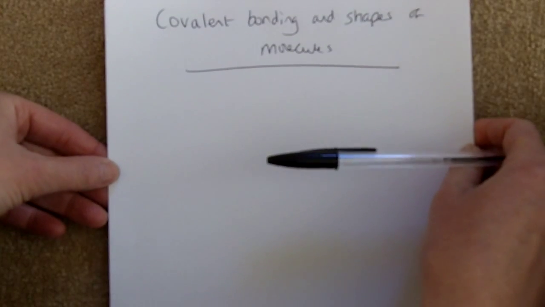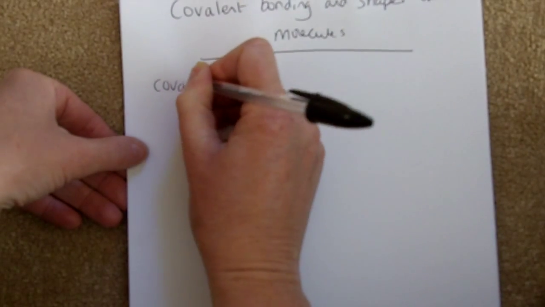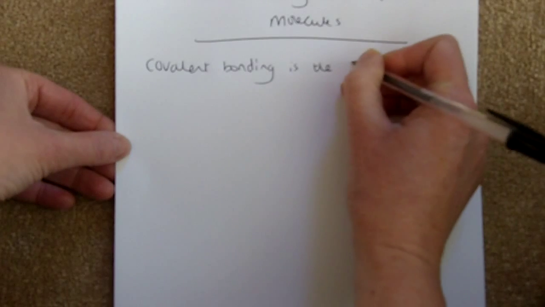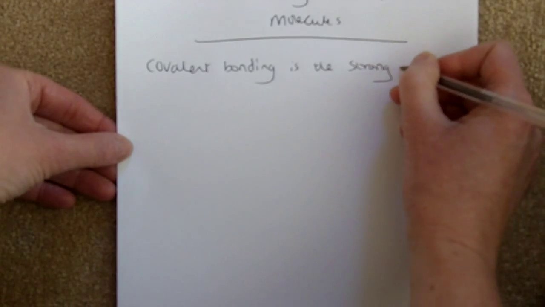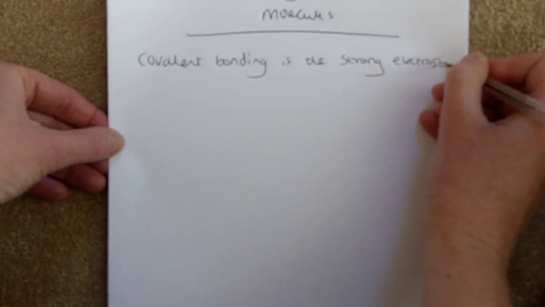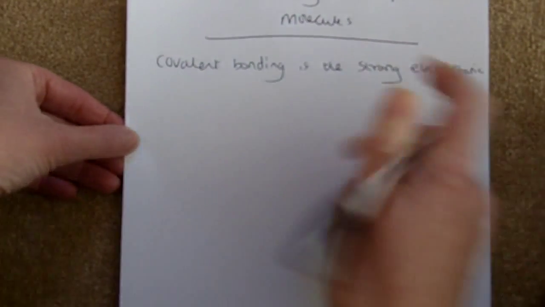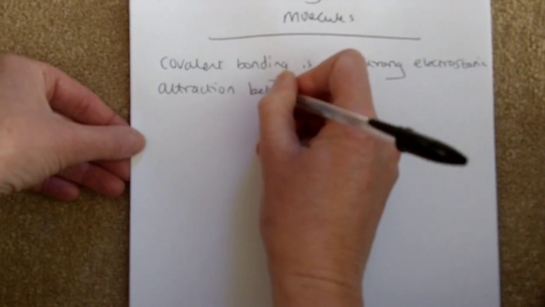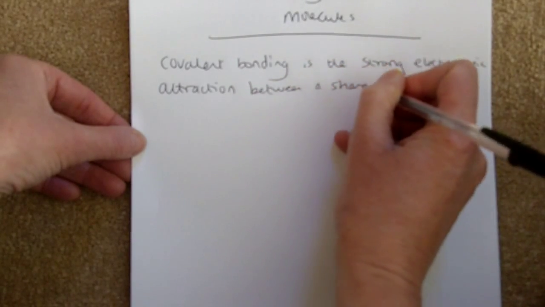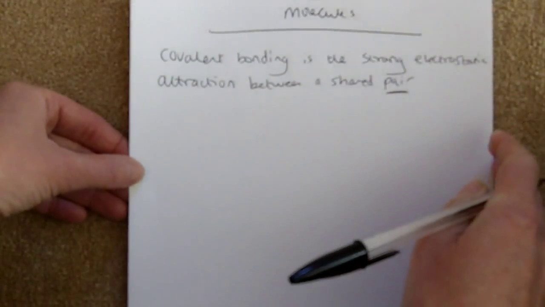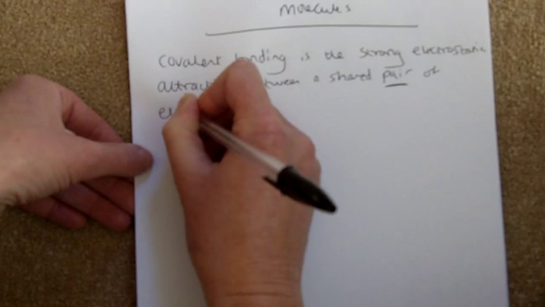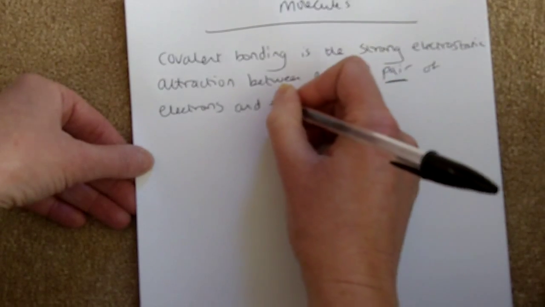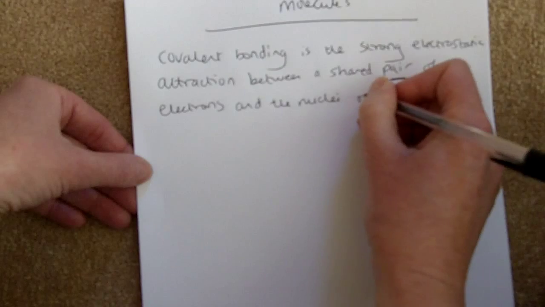Okay, so first we've got the definition for covalent bonding. So covalent bonding is the strong, it's important to have that word, strong electrostatic attraction between a shared pair of electrons, that's an important word, between a shared pair of electrons and the nuclei of the bonded atoms.